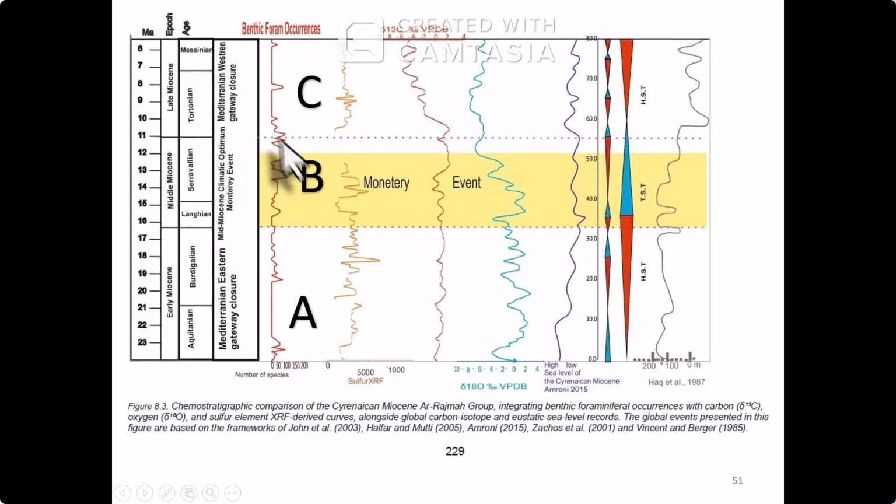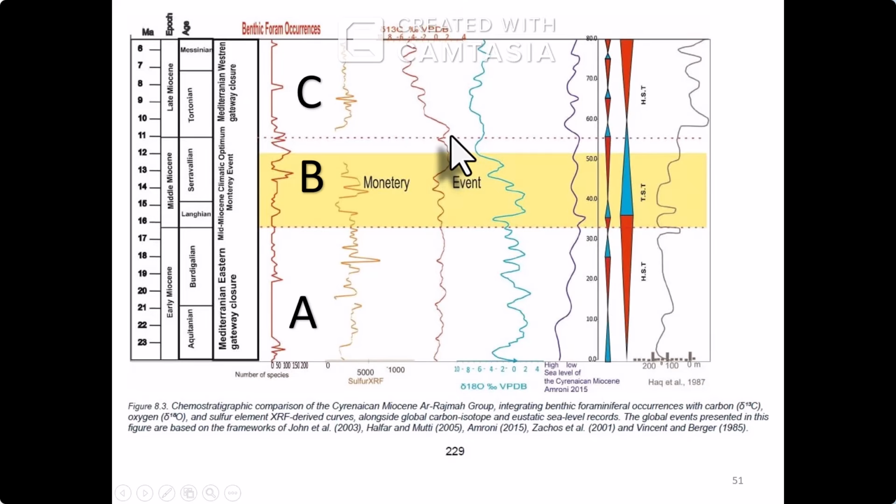And then the last one is event C, which is the late Miocene event. We find drastic declination and decrease in fossils, but we have some spikes of forams accompanied with some increase in sulfur, but the stable isotopes carbon and oxygen show declination.